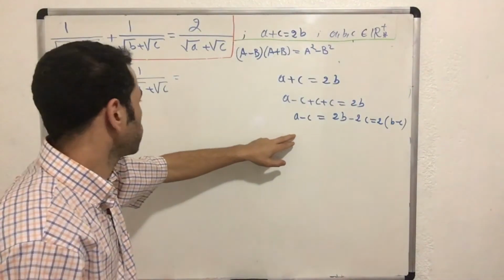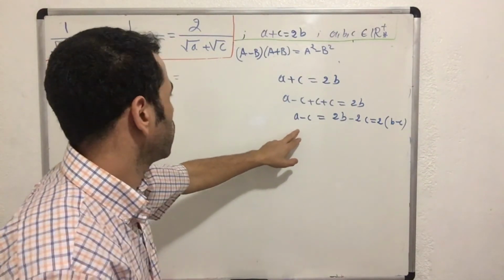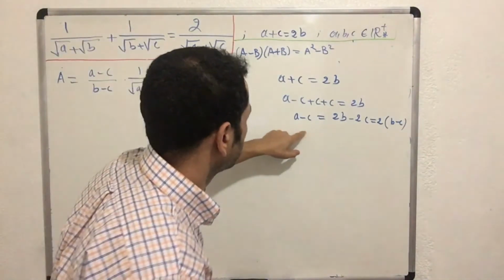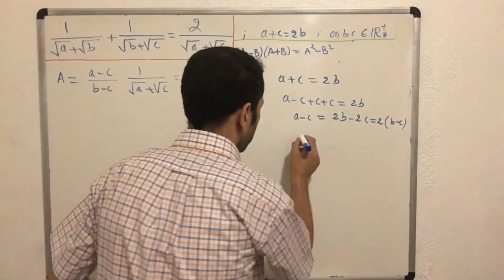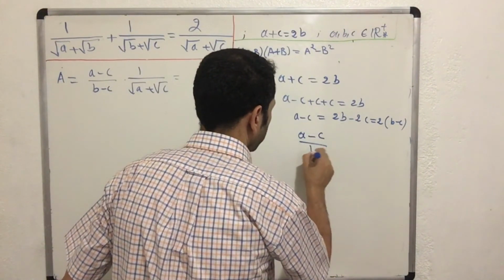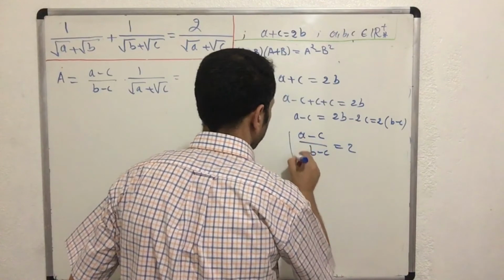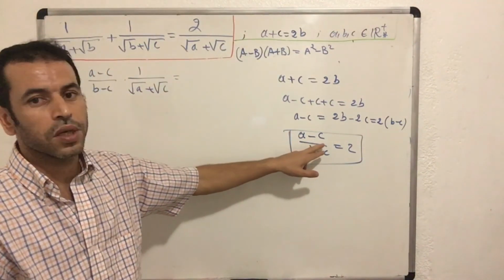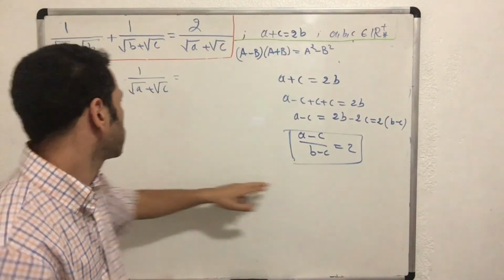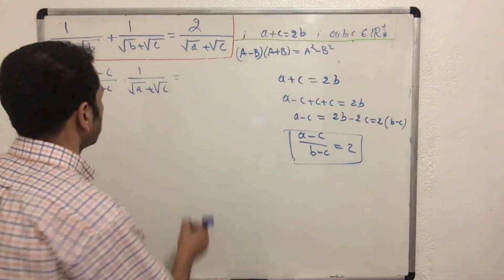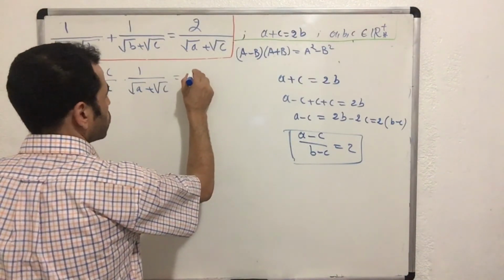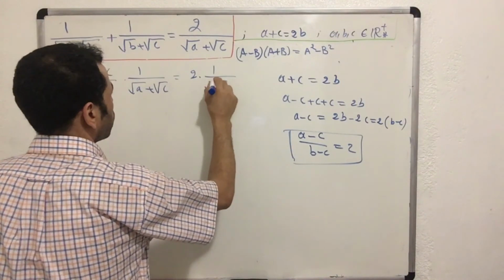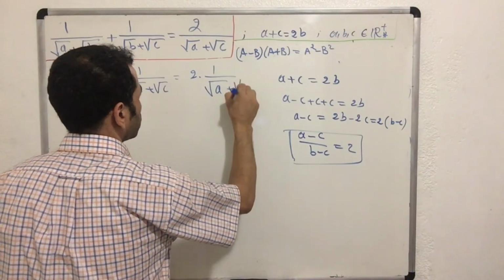Just divide a minus c by b minus c. So a minus c over b minus c equals 2. This is the connection between a minus c and b minus c, so this fraction equals 2, multiplied by 1 over square root of a plus square root of c.